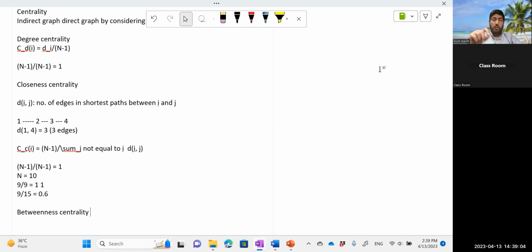Okay? So the social network concept here is that if you have a very important person, everyone would talk to that person. Okay? So he is between, it's kind of a coordinator type of person.